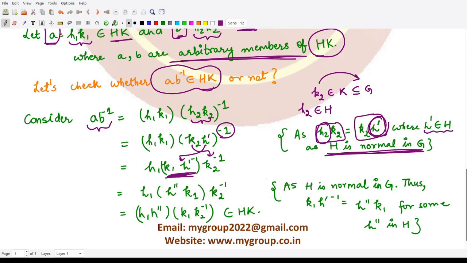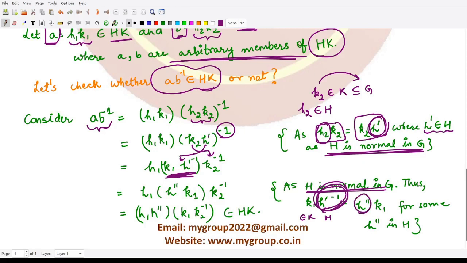Let's take these two elements. Because H is normal in G, for k1 h dash inverse, k1 is present in K and h dash inverse is present in H. Because k1 is present in K, it is also present in G, since K is contained in G. So taking the left coset, it would be equal to, instead of this element, some other element of H. Let's call that element h double dash.